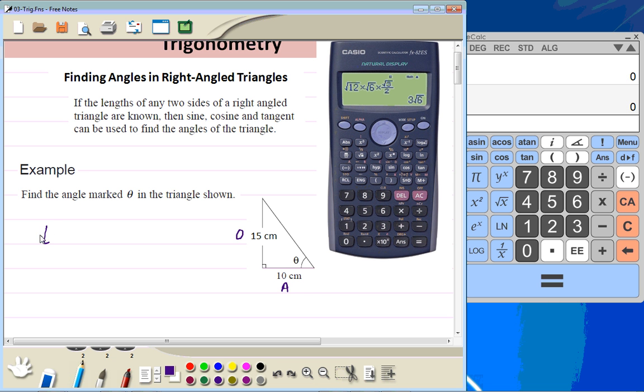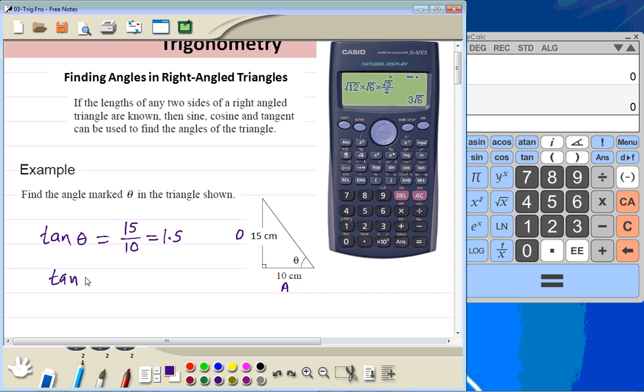So we have tan theta equal to opposite, which is 15, divided by the adjacent, which is 10, which is basically 1.5. Now to find the angle theta, we have to do the inverse.